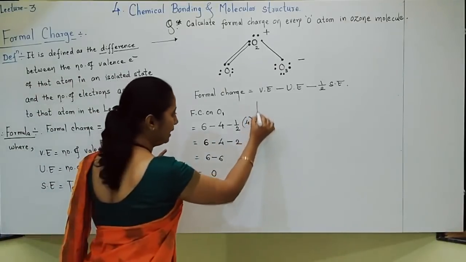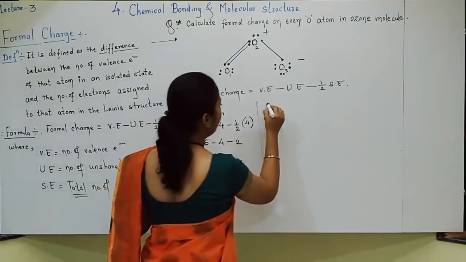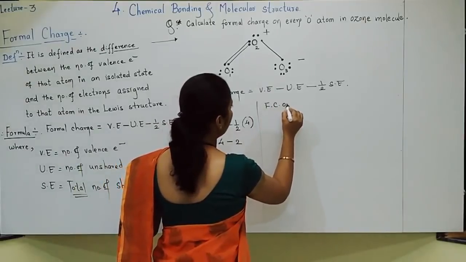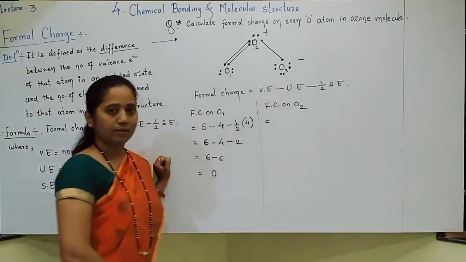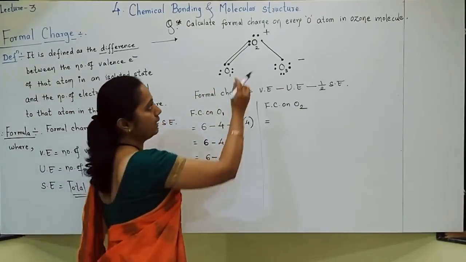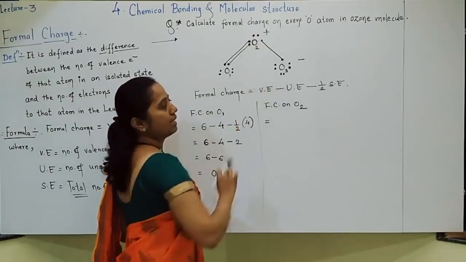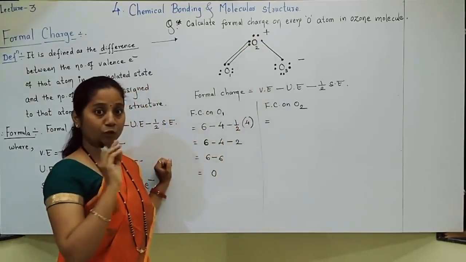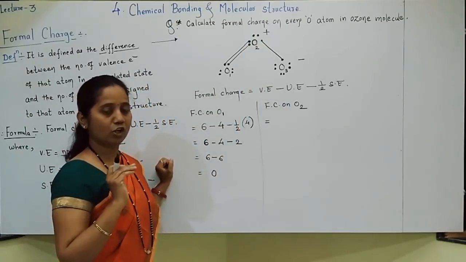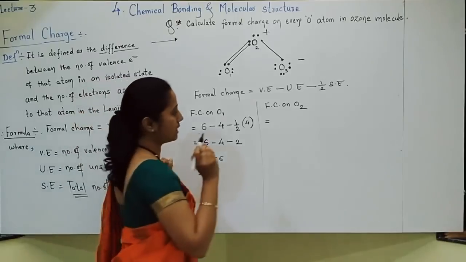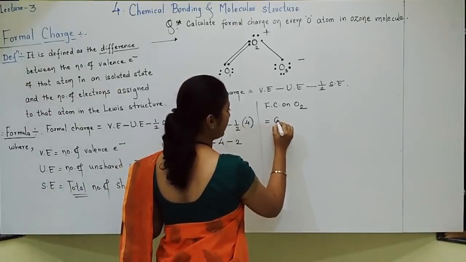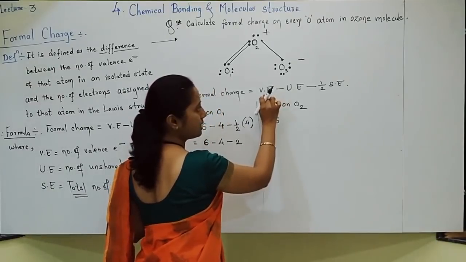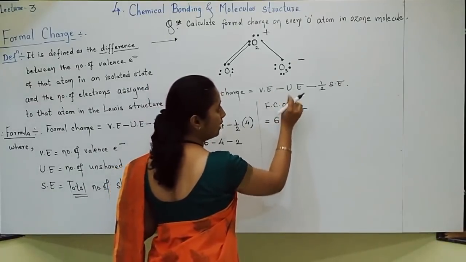Okay, let us move towards the formal charge on the second oxygen. Yes, calculate and tell for this second oxygen. How many valence electrons are there before donating? Every oxygen has how many valence electrons? 6 valence electrons. So valence electrons I am writing 6, minus unshared.